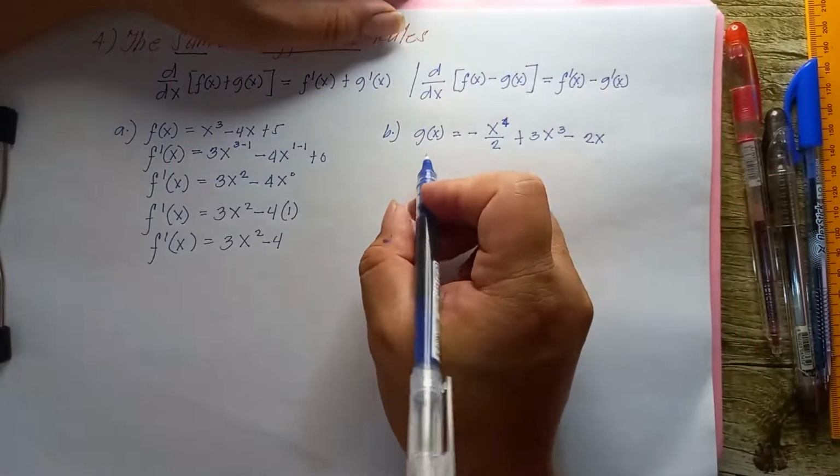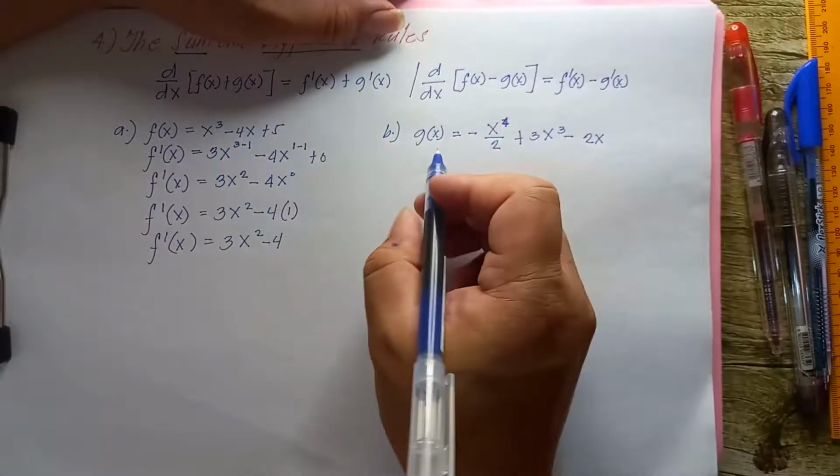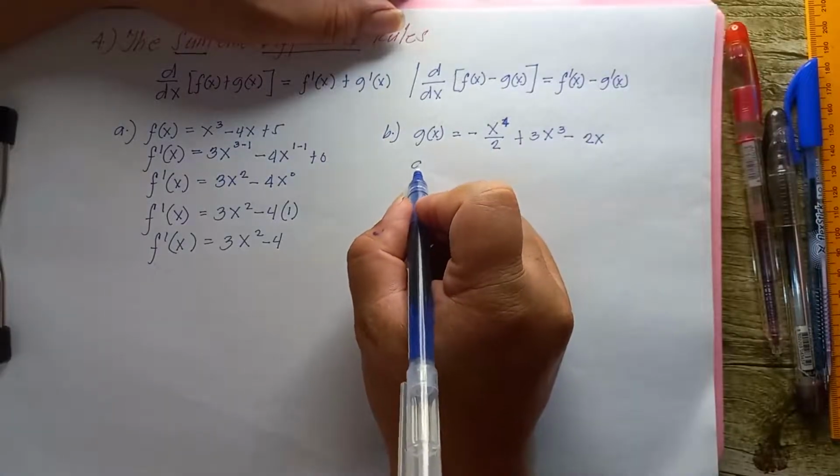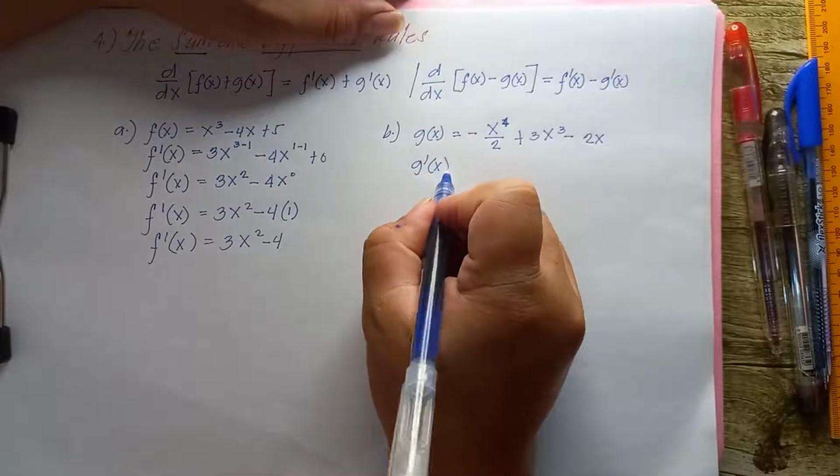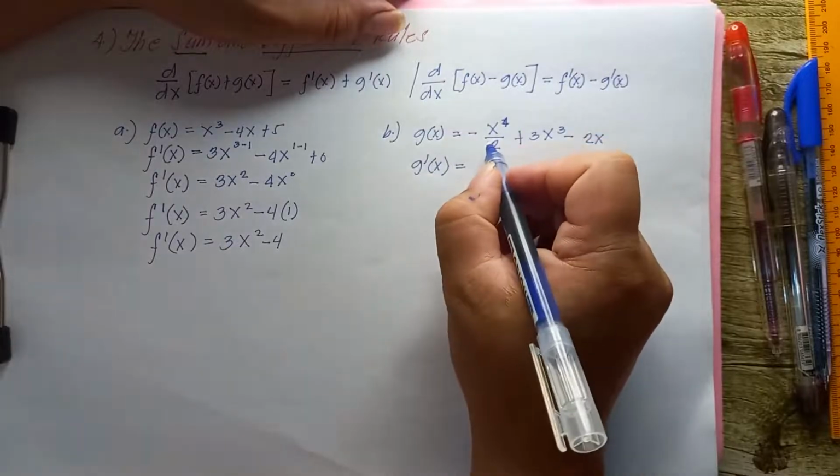Very easy one. So when we do it, that is the same as g prime of x. Bring this down as multiplier.